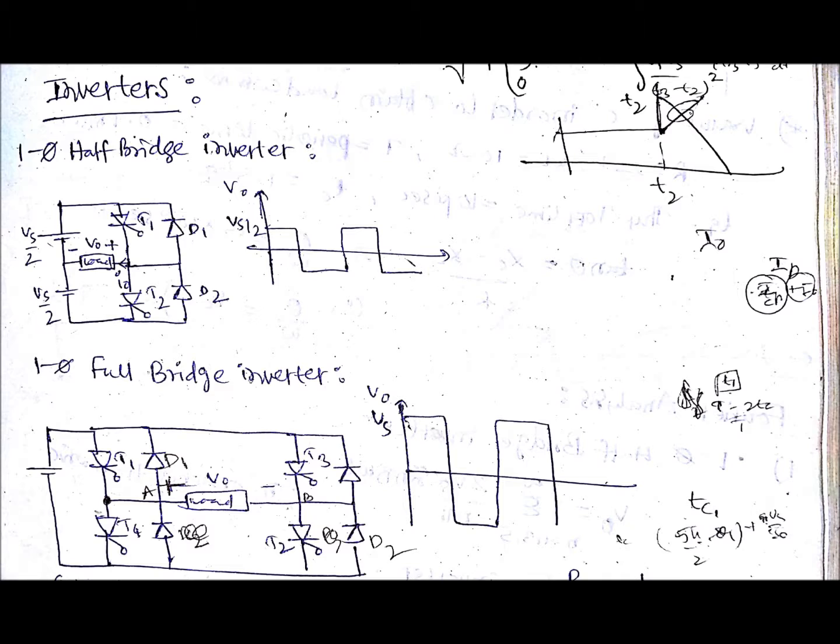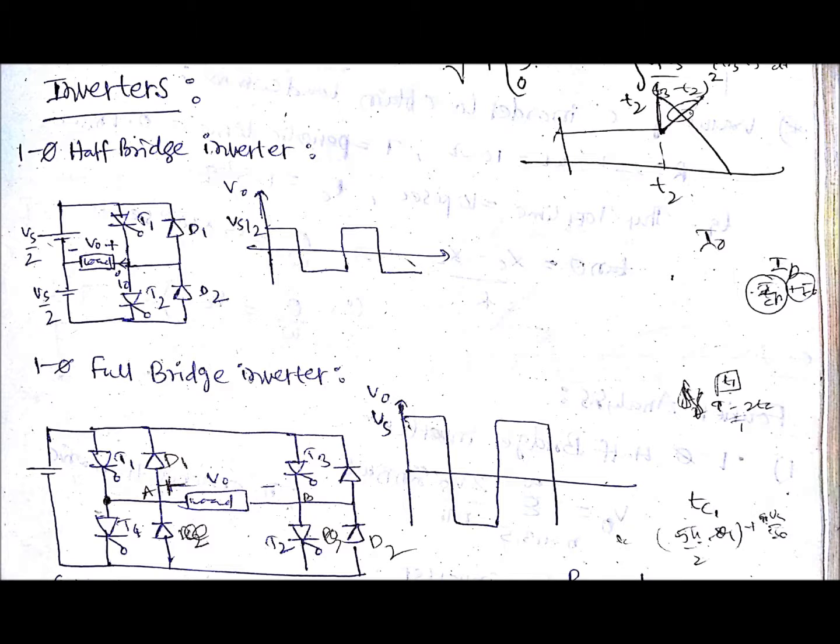So when T1 is turned on, the output voltage across the load will be plus Vs by 2, and when T2 is turned on it will be minus Vs by 2. So in that way we should turn on and turn off those two switches so that we will get the output as shown in the figure. So this is a very simple inverter.